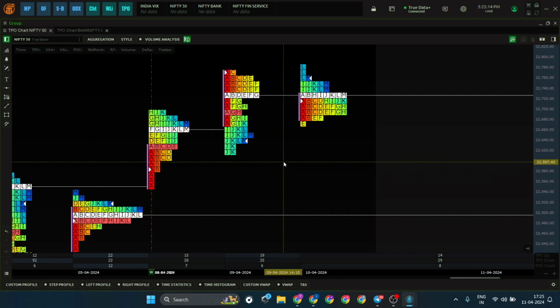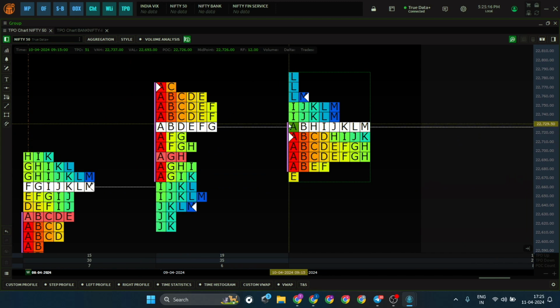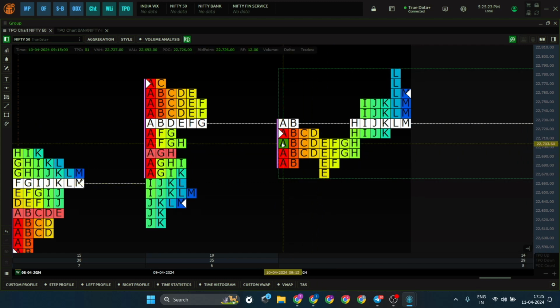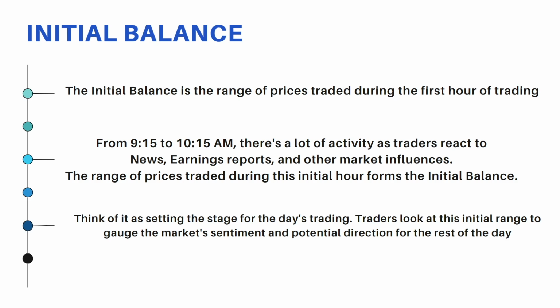Initially, you see we have a violet color line across the A and B periods. That is called IB. Let me make you understand using this slide. Initial balance is the range of price traded during the first hour of trading. So IB is the high and low range of the first one hour, or the first two 30-minute candles.